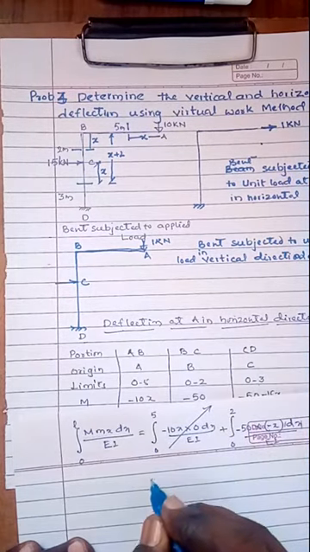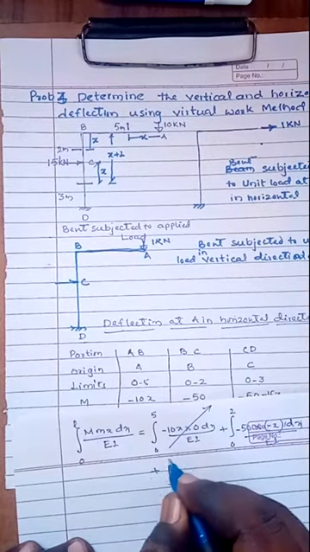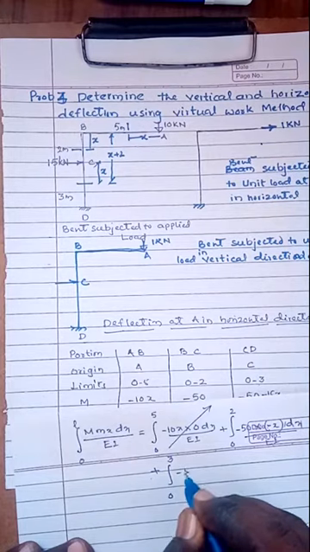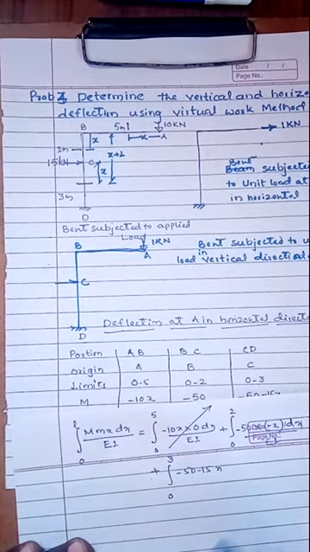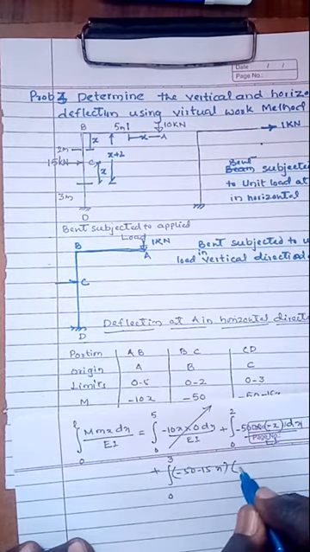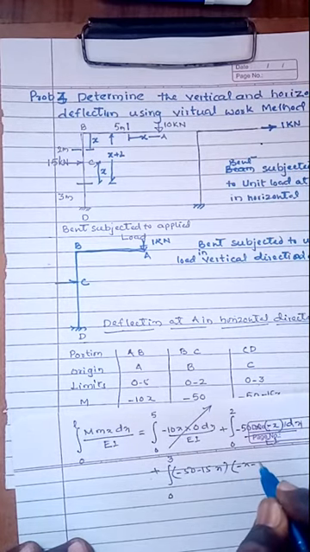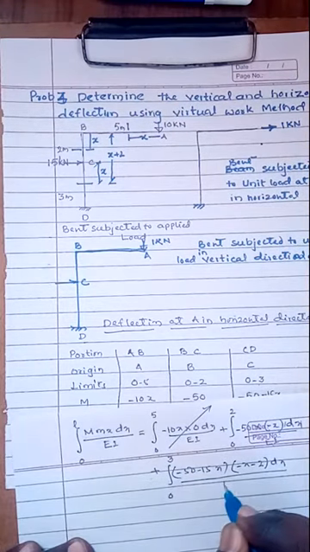Then for the third portion, the limits are 0 to 3. The bending moment due to the applied load is minus 50 minus 15x, into minus x minus 2, dx divided by EI.